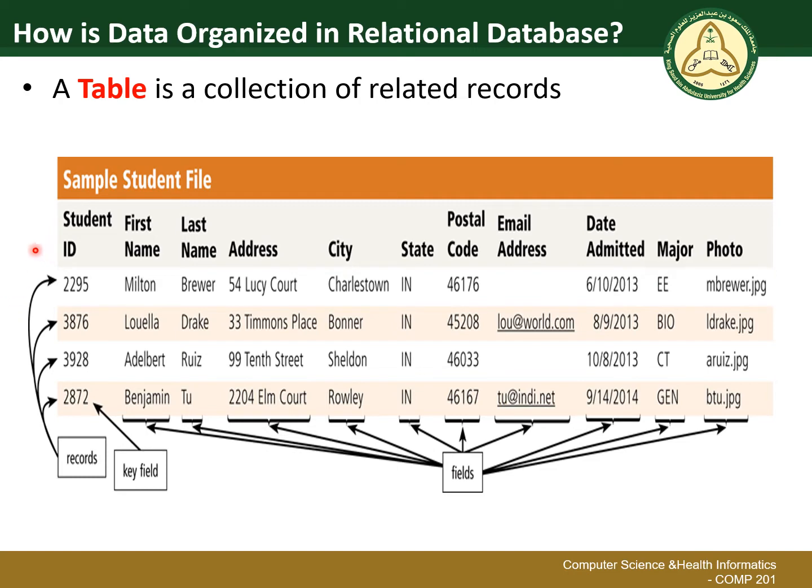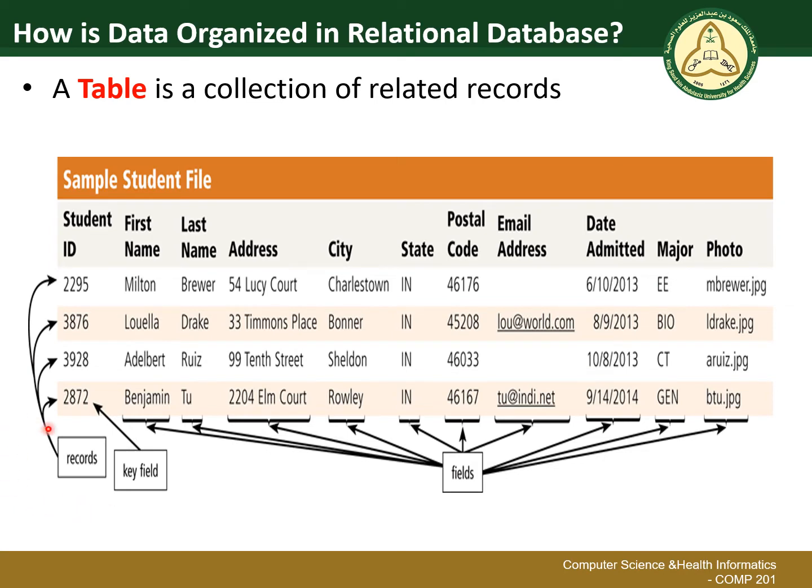This is the relationship between the records. All of them are students, and the multiple related records will make the table. Here, this is a record, and this is a record, and here we have another record.